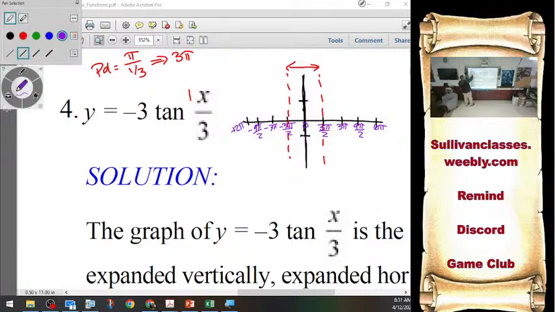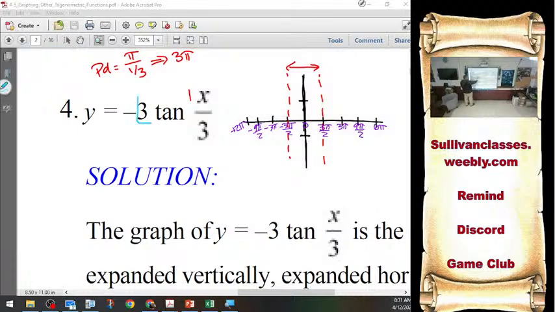And instead of trying to stretch my graph, I'll take the amplitude and I'll just put 0, 3, negative 3. So I can just keep making the same graph over and over. So, x-intercept, asymptote, x-intercept, asymptote, and so on.